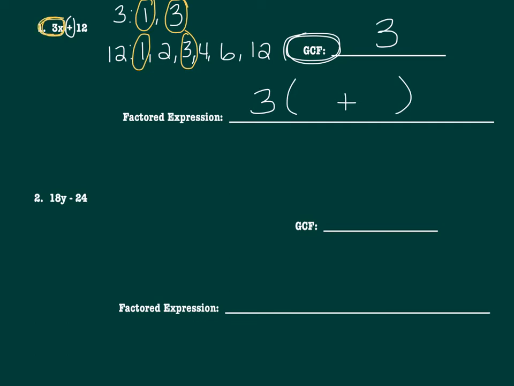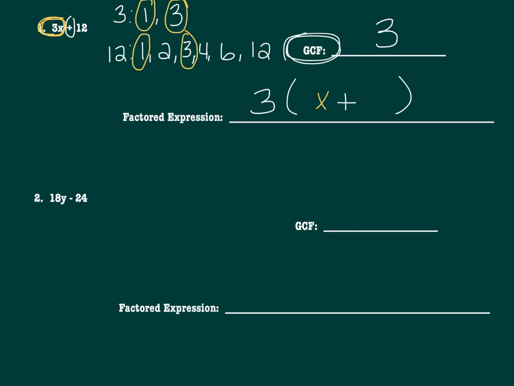If I divide 3x by 3, 3 divided by 3 is 1, so that would give me 1x. Now, the number 1 is actually unnecessary there, so I could erase that 1 and just put an x there, and that's fine, because that represents 1 times x.